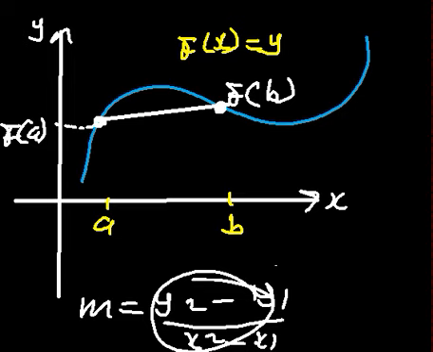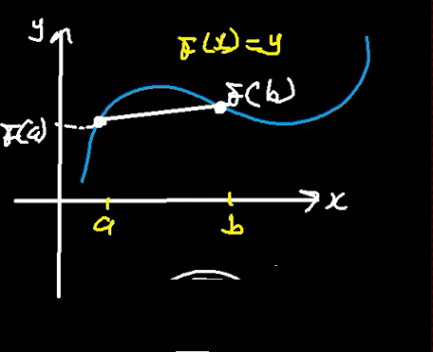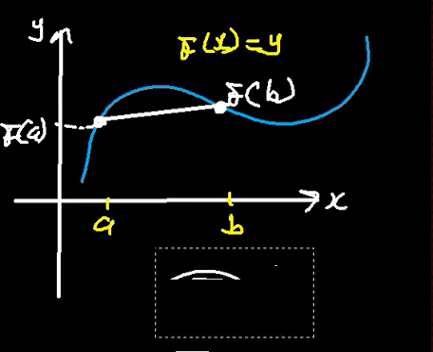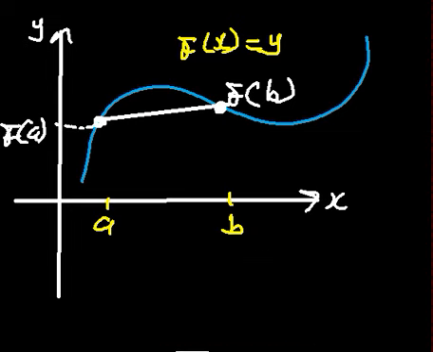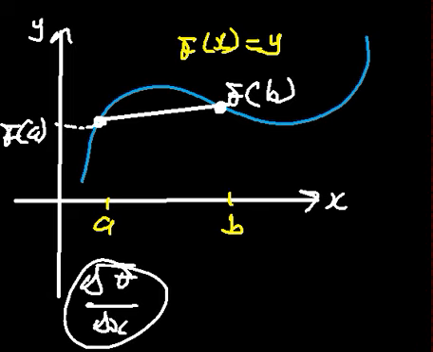Only that we present the symbol for the rate of change instead of the symbol for gradient, but the rate of change is the same as the gradient. So what is the rate of change? Rate of change is given as delta f divided by delta x. So that's the actual rate of change.